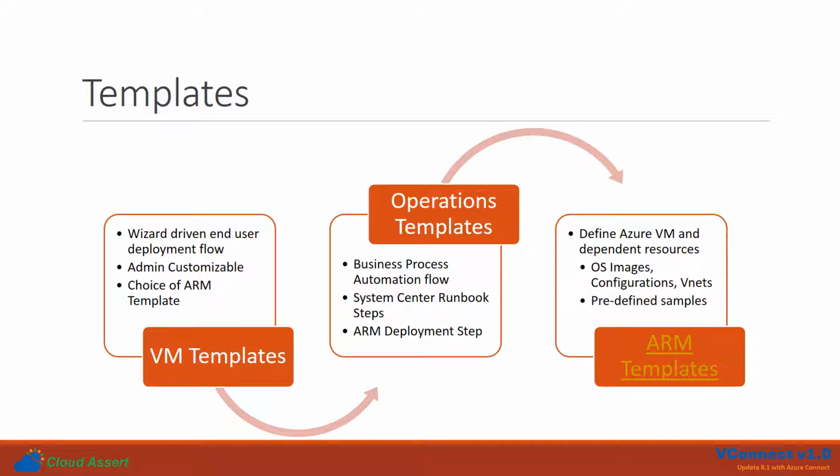One such step for Azure Connect is deploying to Azure Resource Manager, ARM deployments. VM templates and ARM templates in turn use Azure Resource Manager templates in order to deploy resources to Windows Azure or Microsoft Azure. So this is to give a quick look at the various templates that you will encounter with vConnect on Windows Azure Pack.